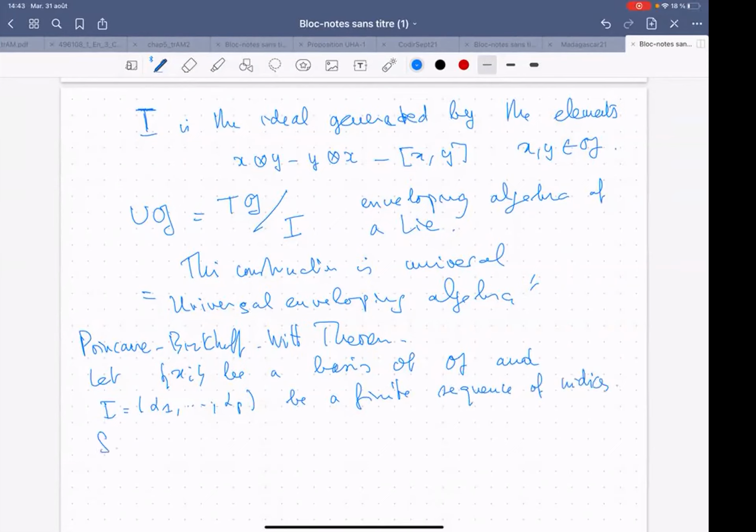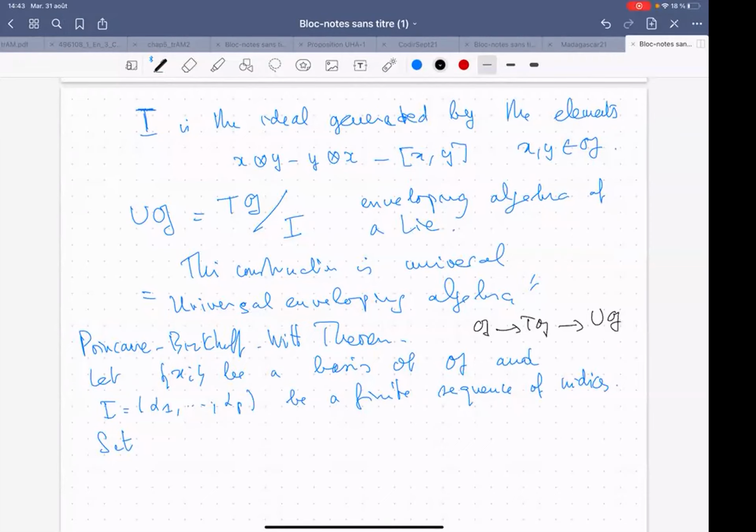In fact, what we have here is J, which is embedded in TJ, and then embedded in UJ.